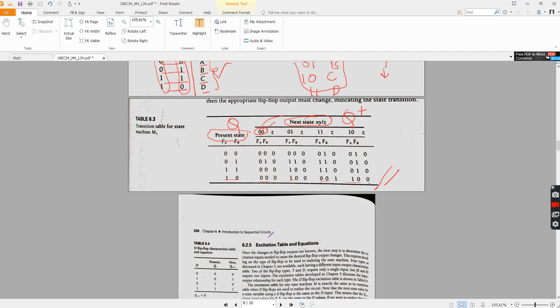Open the transition table, the excitation table for the D flip flop. Q plus.